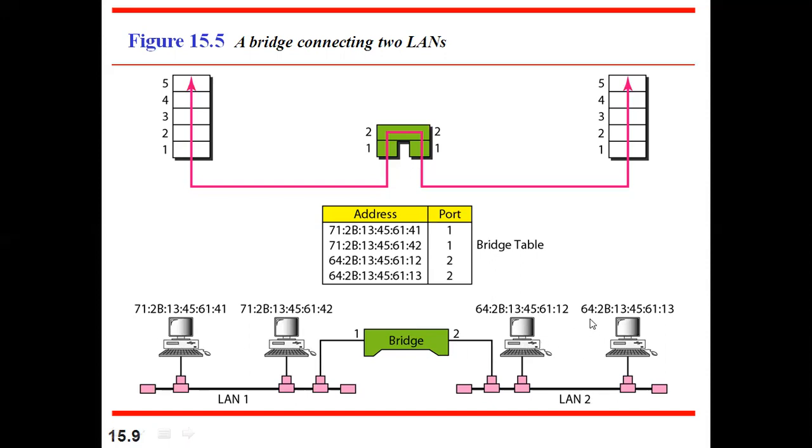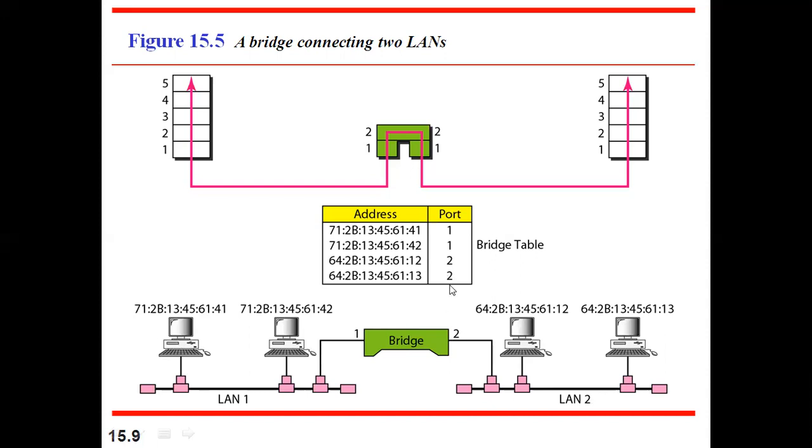Now suppose 12 wants to send a message to 13. Okay, so the frame goes here. Now 12 wants to send a frame to 13. So the port address is 2. So it doesn't have to cross the bridge. It doesn't need to cross the bridge, so there's no need to forward it.